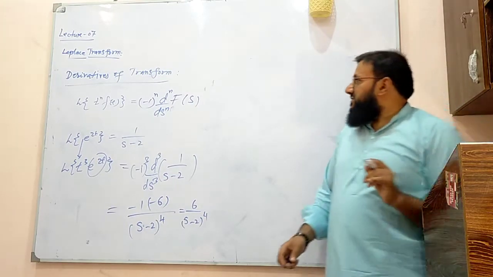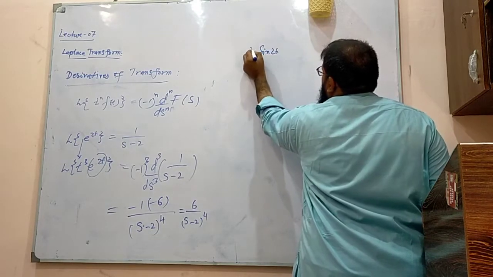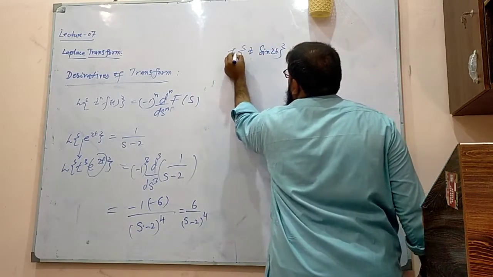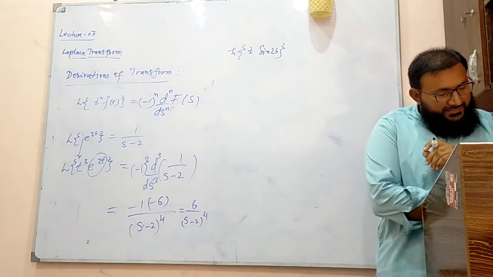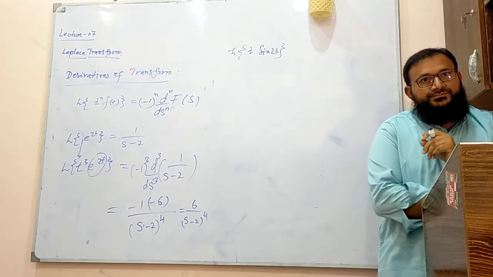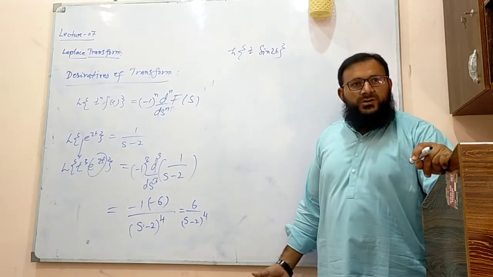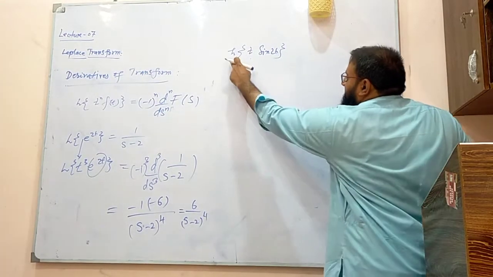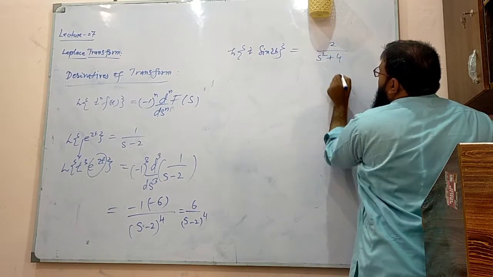The problem was, when we have sine 2t multiplied by, let's say, t, what to do? Sine 2t multiplied by t. One time differentiate. The Laplace transform of sine 2t is 2 over s squared plus 4.